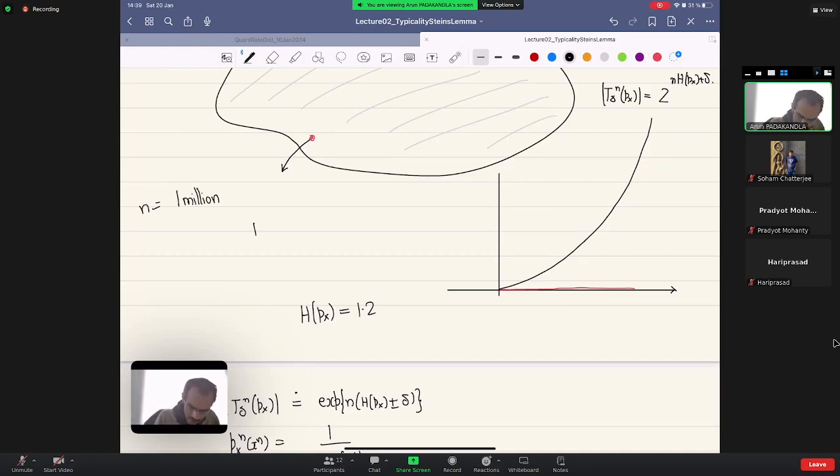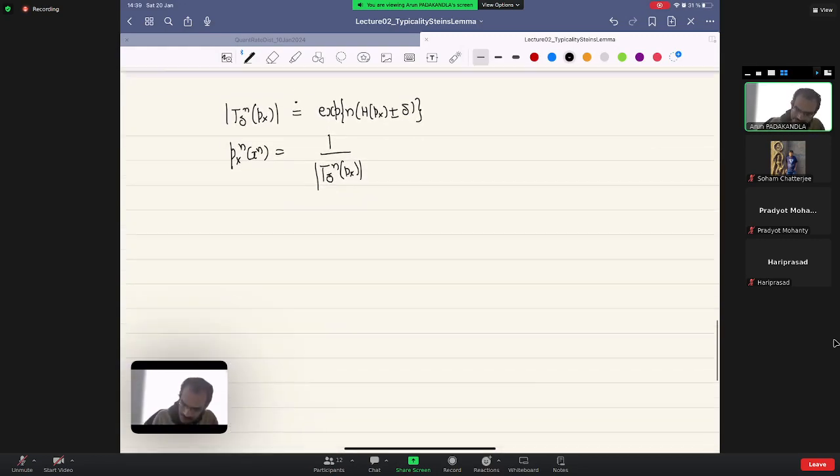So I need 1.2 million bits. And what is happening is all these indices are uniformly likely. So it's as though you have converted the source to a uniformly likely source, right? And you're compressing. So in some sense, there's one unit that you're transforming it to.